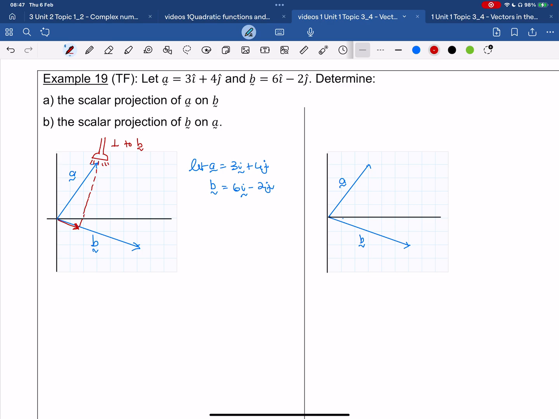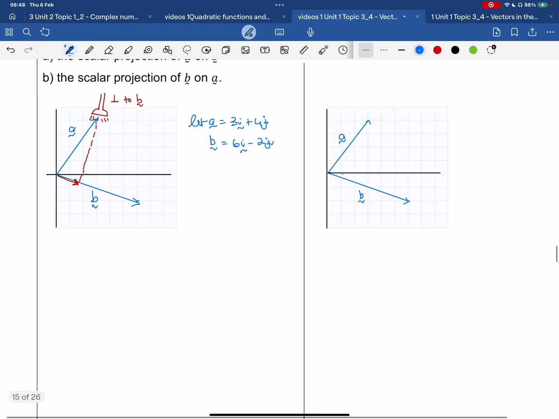Now, in order to find that, I need to have a dot product of A with my unit vector of B. The unit vector is the vector that's only 1 unit long. To find my unit vector of B, I need my magnitude of B, so let's start with that.